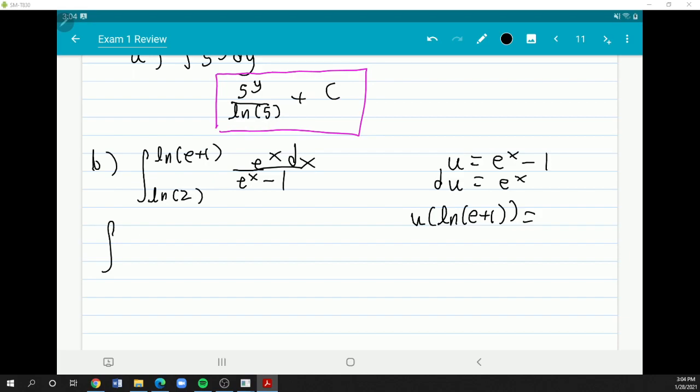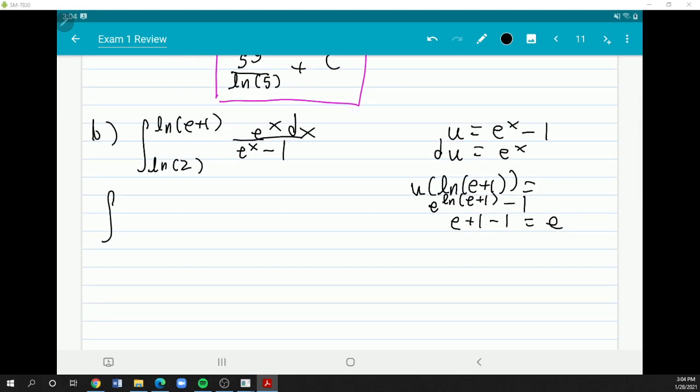So if I plug in log of e plus 1, I get e to the log of e plus 1 minus 1. And then I remember e and log cancel. So I'm left with e plus 1 minus 1 equals e.